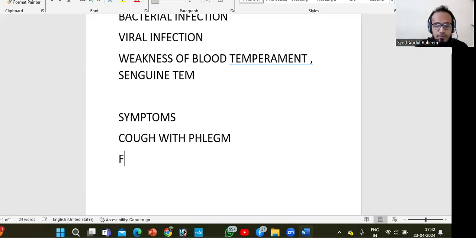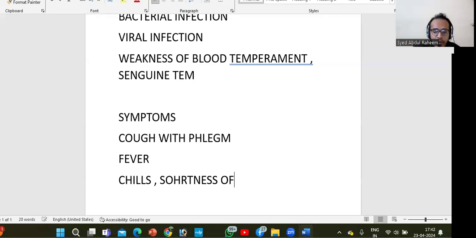And fever is another symptom of pneumonia, and chills are also one of the symptoms. And we have another symptom if the pneumonia is widely spread, which is also seen in COVID-19, that is breathlessness, shortness of breath. Okay. So these are the 4 to 5 symptoms which tell us about pneumonia.